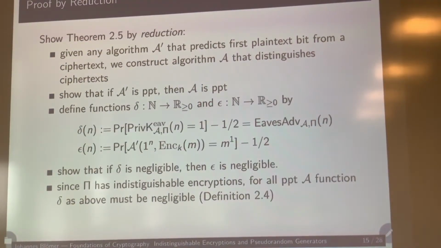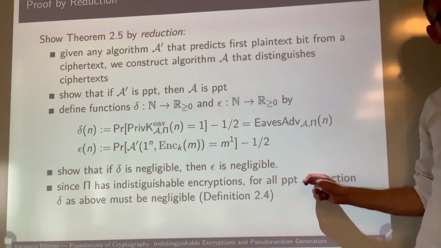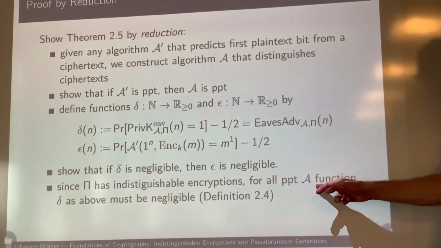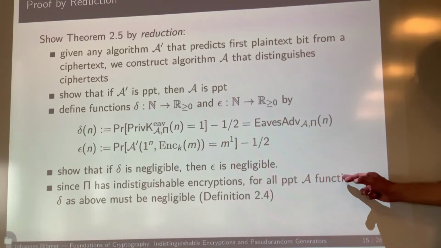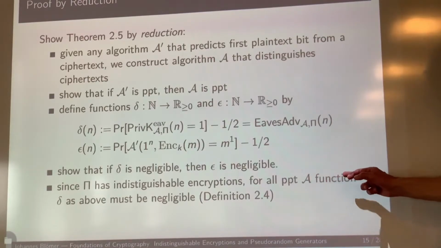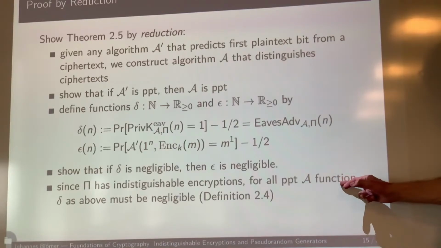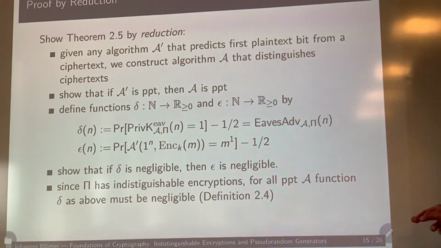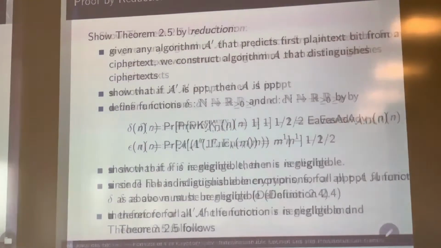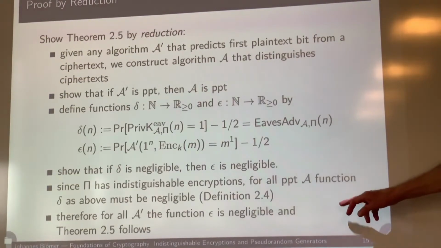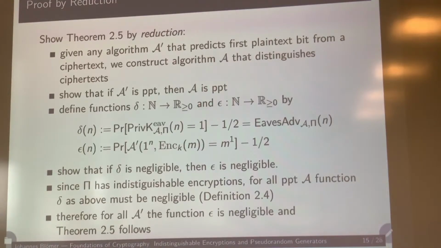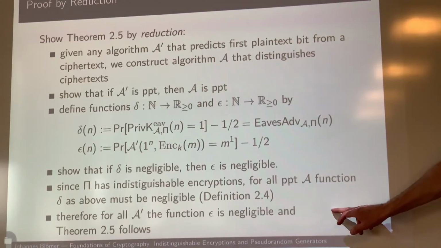But then we know that pi has indistinguishable encryptions. That's it. So for all PPT algorithms, the function delta as above must be negligible. Yeah? Okay. Therefore, for all A prime, the function epsilon is negligible.